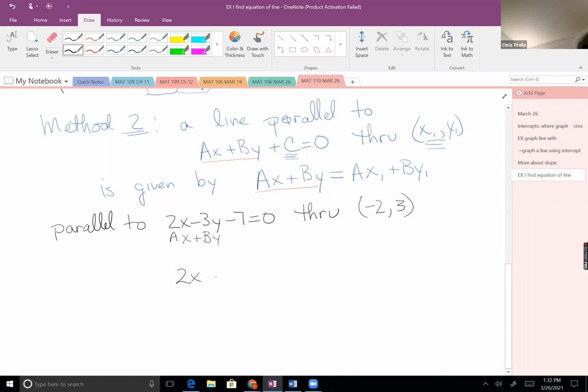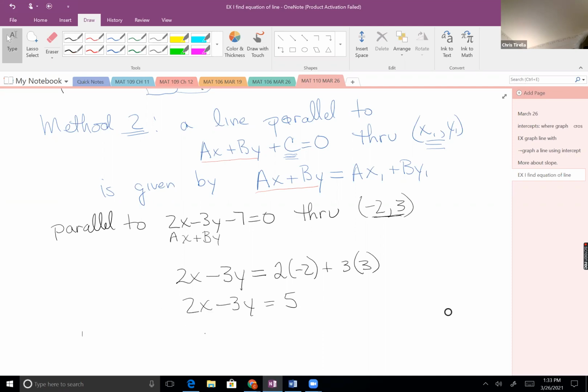So I'll start 2x minus 3y equals, and on the other side, I want to make sure that my point works. So that would be 2 times the x value, -2, plus 3 times the y value, 3. So that gives me 2x minus 3y equals 5. And I get that 2x minus 3y minus 5 equals 0.